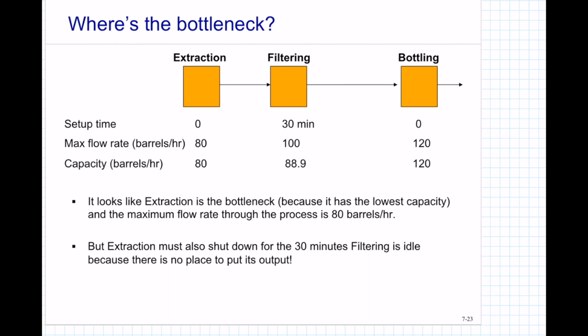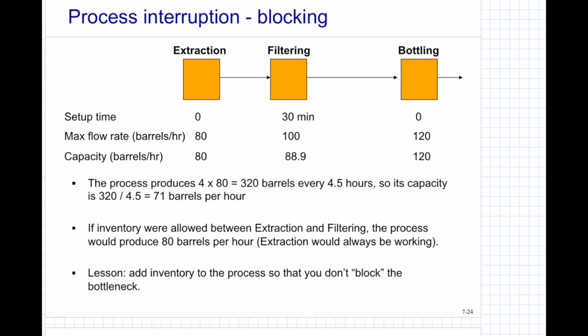So capacity calculations show that extraction has a capacity of 80 barrels per hour, which is the lowest, and that makes extraction a candidate for bottleneck. But please note that when the filtering process is stopped for 30 minutes, extraction cannot continue because there is no buffer allowed. So basically at filtering, we can only produce at the rate of 80 barrels per hour.